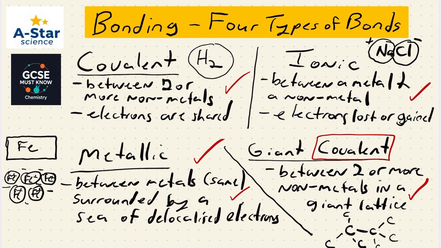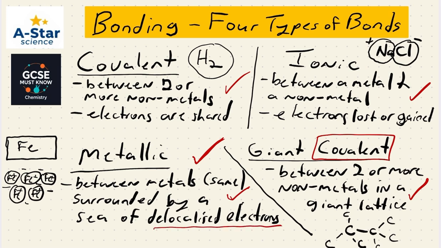Covalent, remember, have very low melting and boiling points, and they do not conduct electricity. Ionic have high melting and boiling points, but they do conduct electricity when they're dissolved or molten. Metallic has a high melting point because they have strong electrostatic forces of attraction between the metal ions, and they do conduct electricity because they have delocalized electrons.